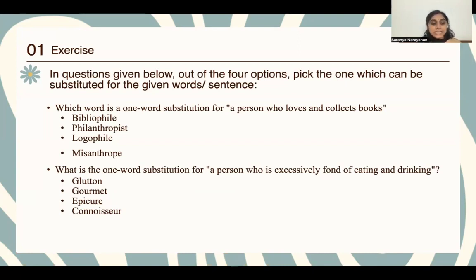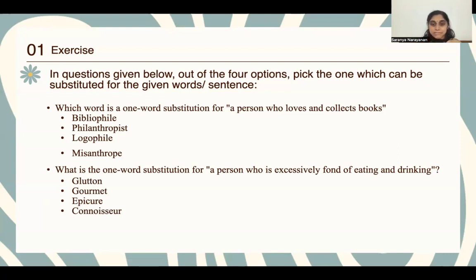There are 4 options provided. In order to identify the correct option, we have to know the particular word that can replace the group of words. And similarly, you might need to know the meaning of the other words as well.